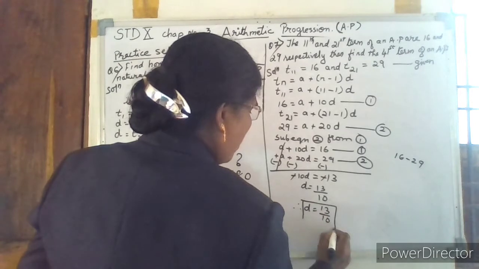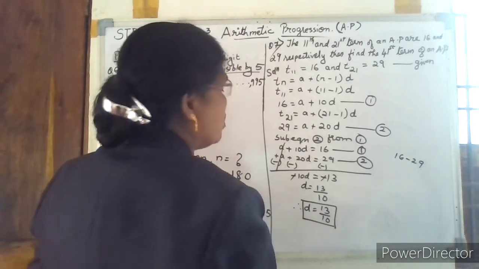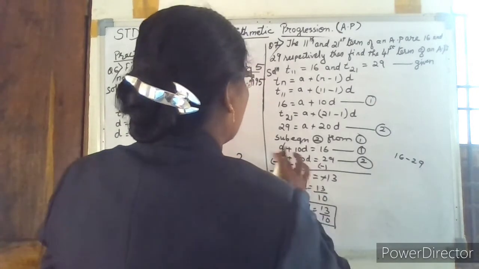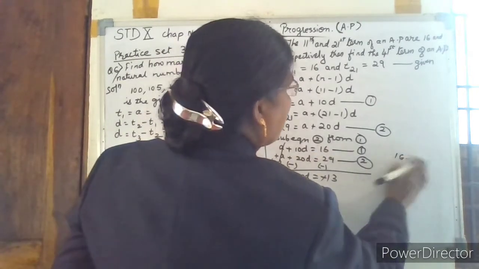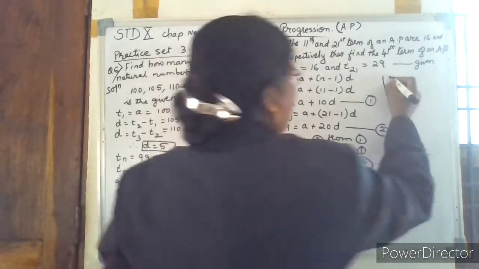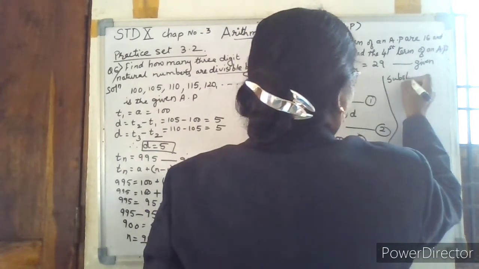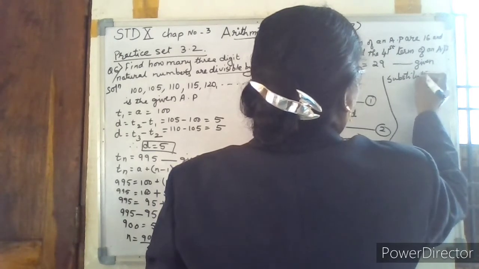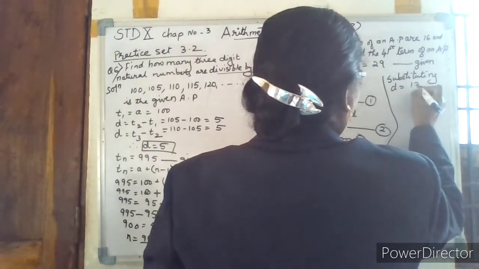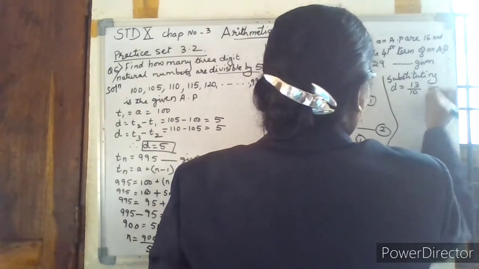Now let us substitute the d value in any one of the equations. Substituting d is equal to 13 by 10 in equation 1.